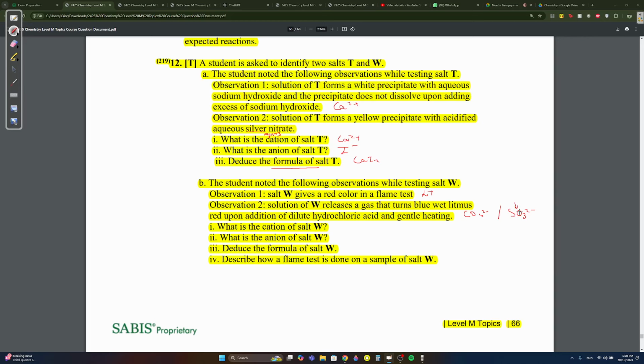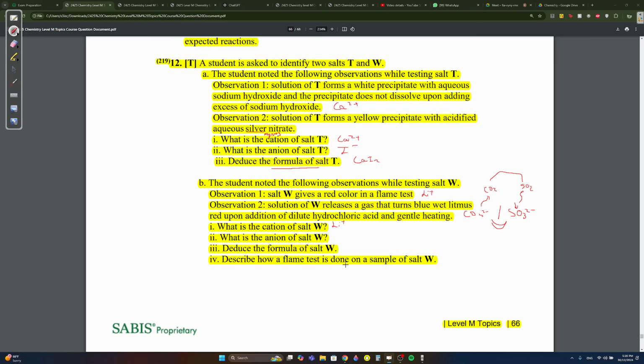I think it's gonna be SO3 2 minus, because look, CO3 2 minus releases carbon dioxide gas, SO3 2 minus releases SO2 gas, and these are both acidic gases. I'm not sure. With the cation, okay, it's easy. It's Li plus. The anion, I don't know which one.